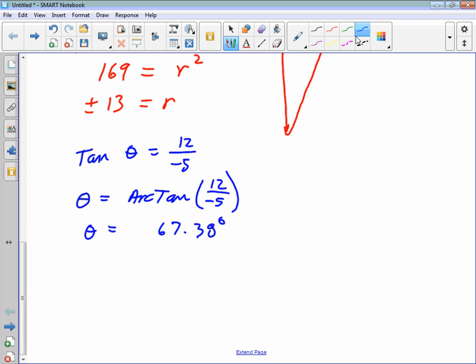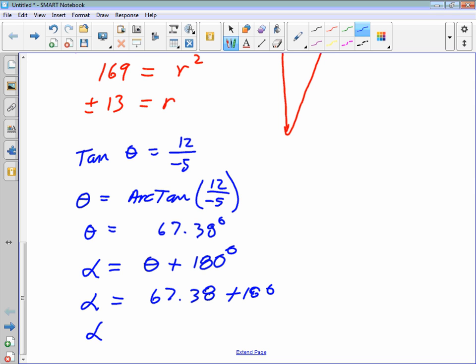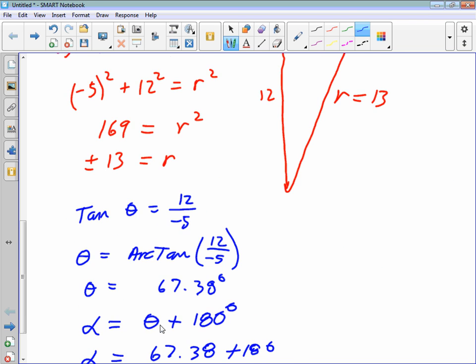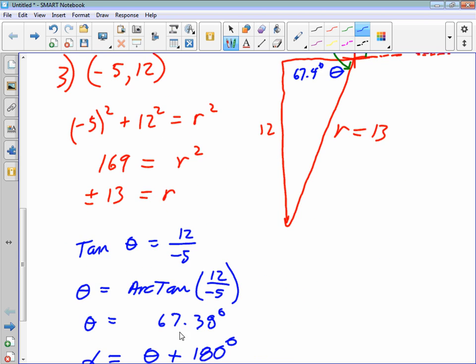I'll use a different one. I'll say alpha equals theta plus 180 degrees. So alpha equals 67.38 plus 180. You grab your calculator, check. You guessed it, alpha equals 247.38 degrees. I guess we got everything in terms of degrees, that should be fine.